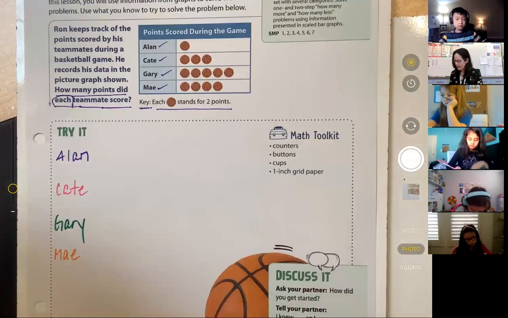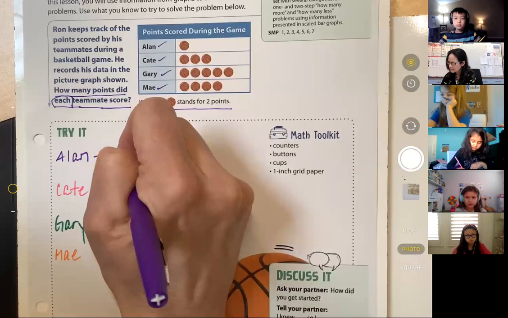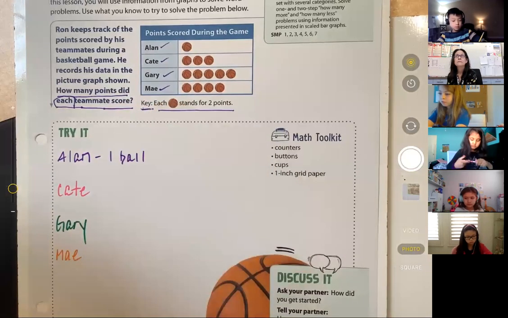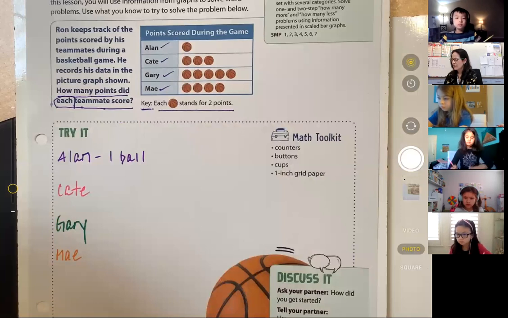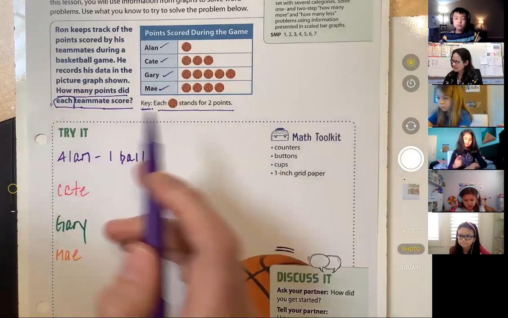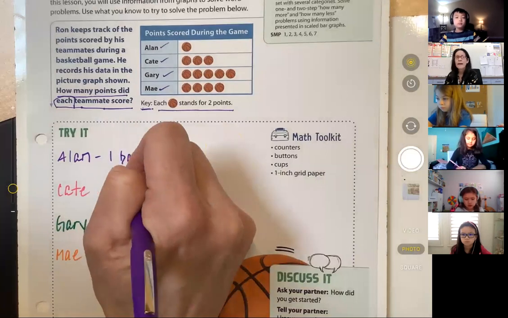So Alan has 1 ball. Great. I'm not done though. Alan has 1 ball. Awesome. So in order for me to answer the question of points, I'm going to take that 1 ball and multiply it by 2 points.